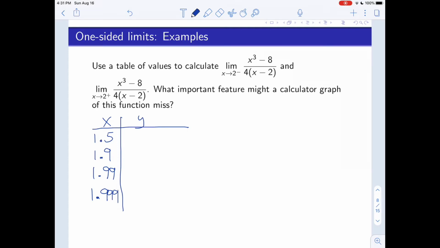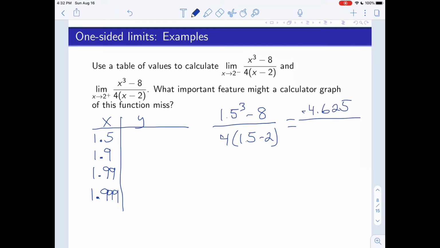So for example, for the first y value, I would do 1.5 to the third minus 8 over 4 times 1.5 minus 2. And that tells me that I'm going to end up with something that looks like, let me see here. On the numerator, I get -4.625.